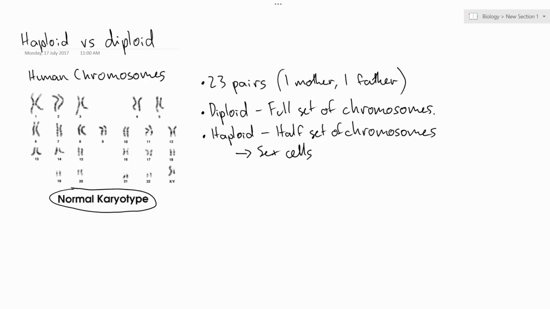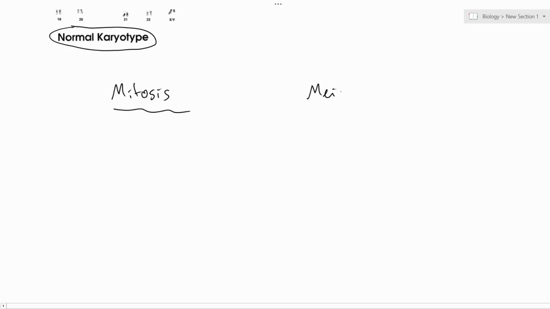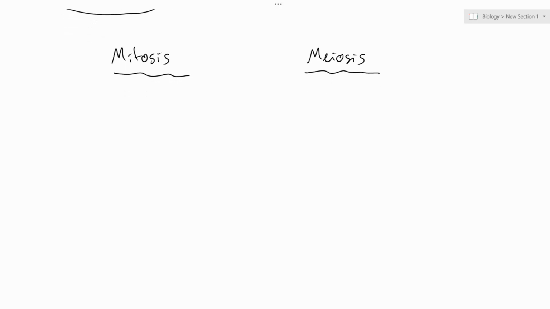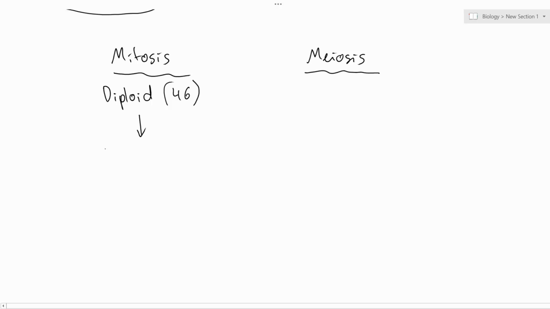Now let's have a look at how this comes about. So if we compare briefly mitosis and meiosis, we can see why we have both diploid and haploid cells. So what will happen is in mitosis we start off with a diploid cell, so a diploid cell with 46 chromosomes within. Then what we see is we get DNA replication, so we get a doubling.